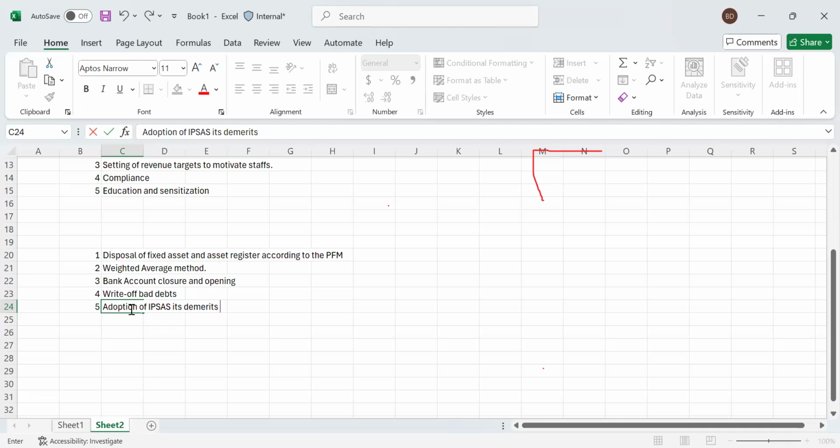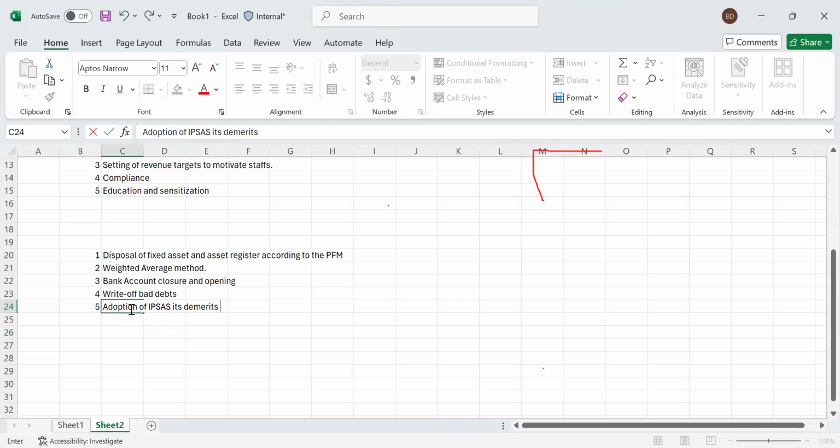Merits of IPSAS adoption in Ghana. IPSAS adoption has brought about what? Uniformity in accounting treatment of similar transactions. It has also brought about what?